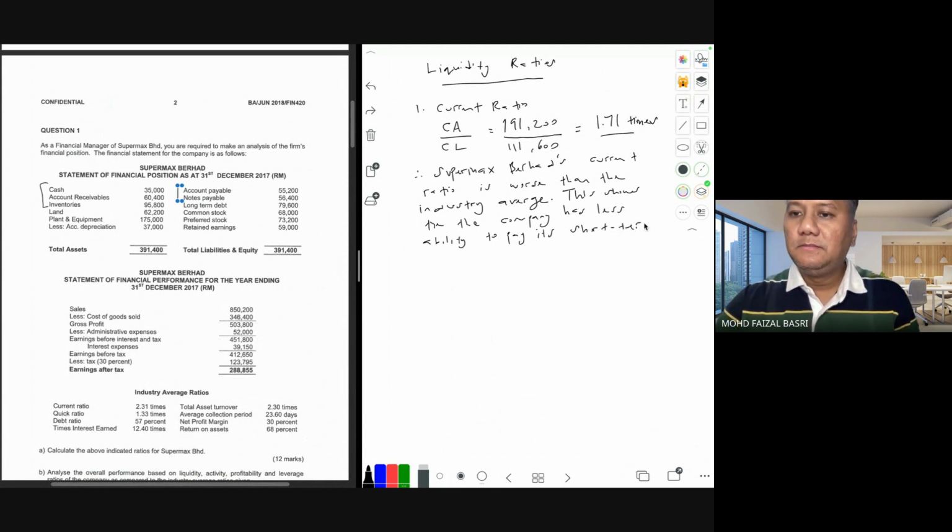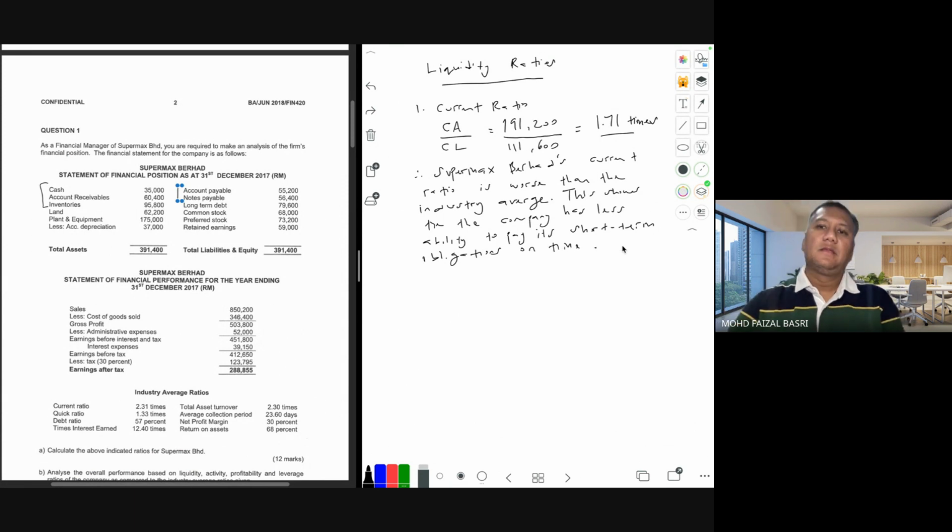Short term obligations on time. So as simple as that. There are two elements. First, better or worse. And second, what does it mean, related to the ratio.